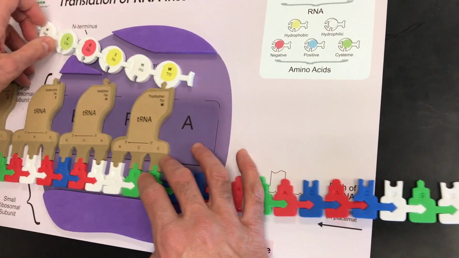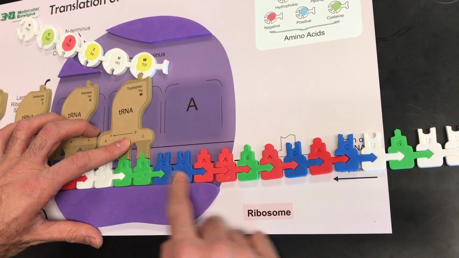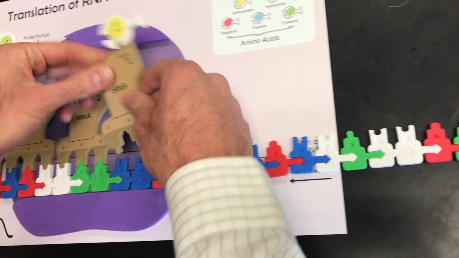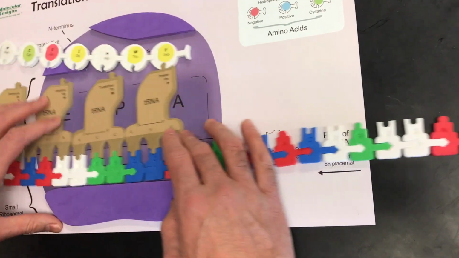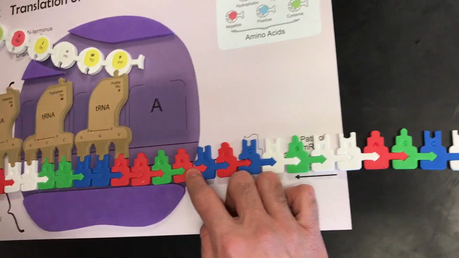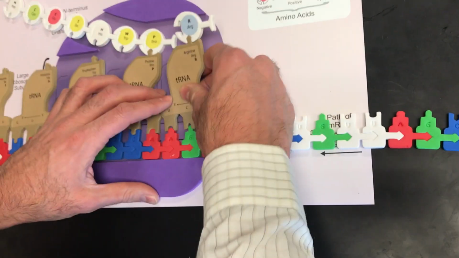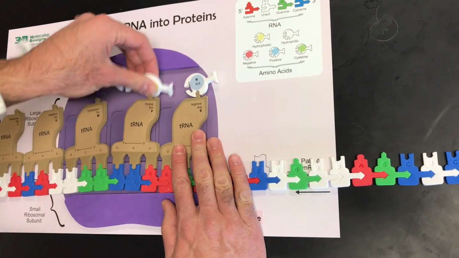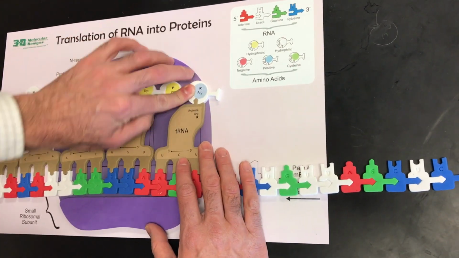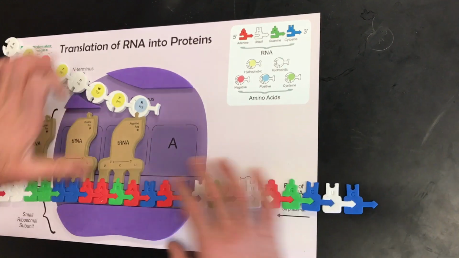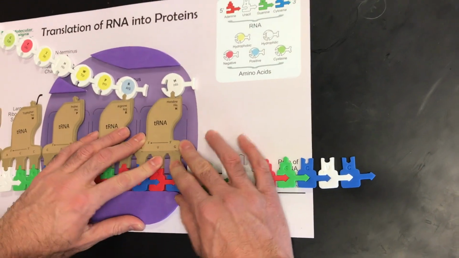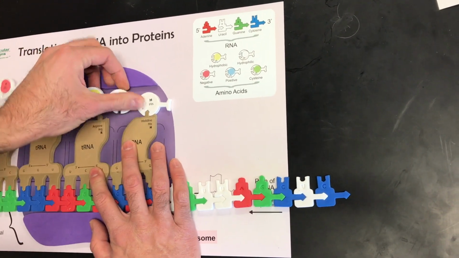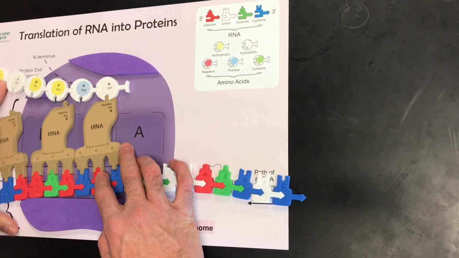It slides. CCA codes for proline. It attaches. It slides. And you can see how this works, and I'm continuing for a reason. If you're getting bored, hang in there with me. A couple more here. The next one is histidine. And finally, cysteine.